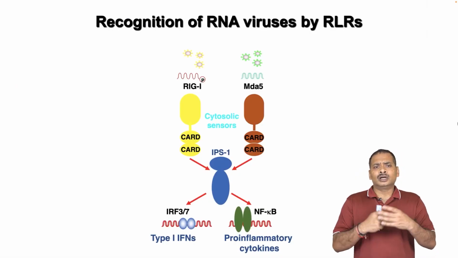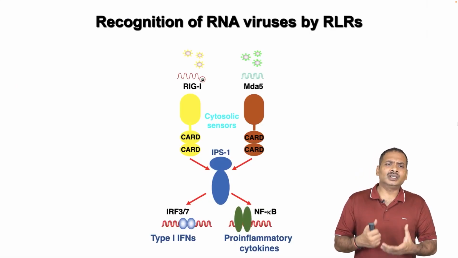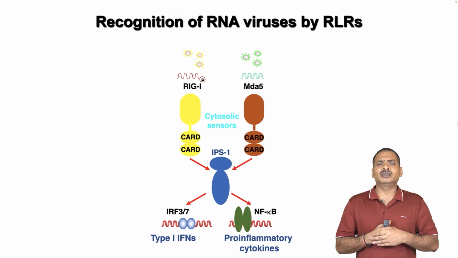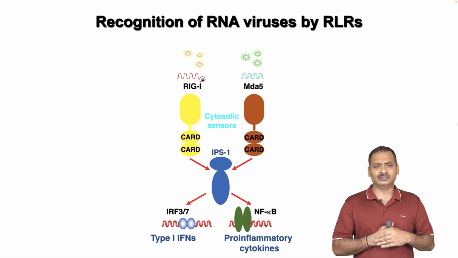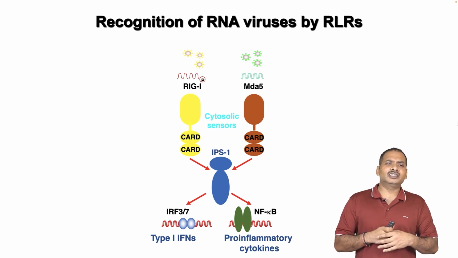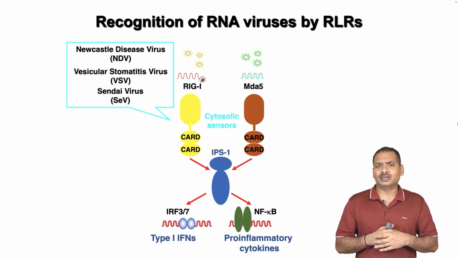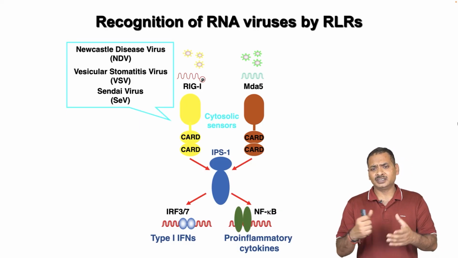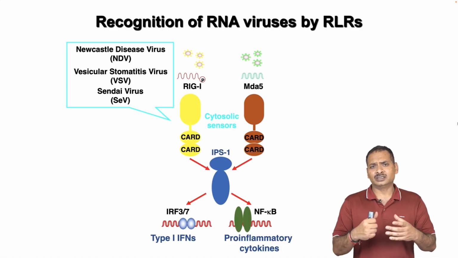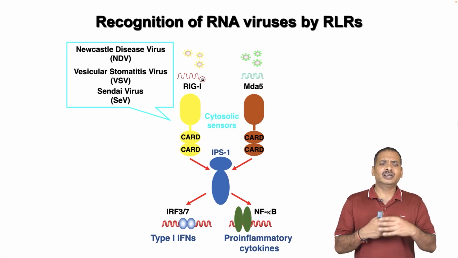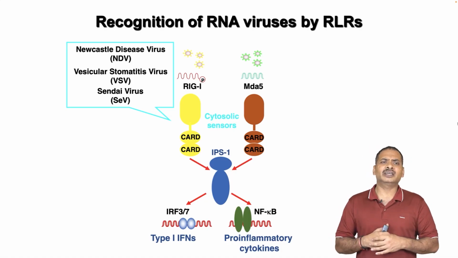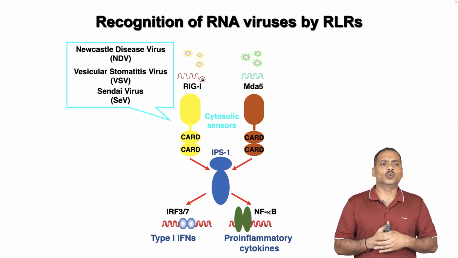So, what are the ligands recognized by RIG-I and MDA5? Originally, several viruses were reported to be recognized in these studies, like Dr. Fujita's studies and subsequent studies, which extensively used these viruses.